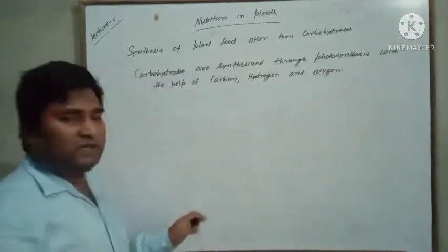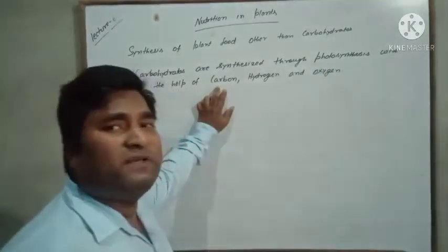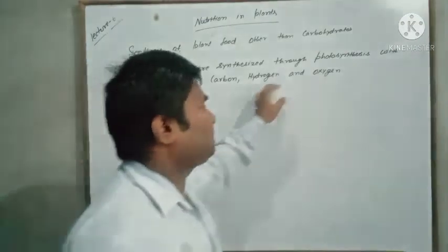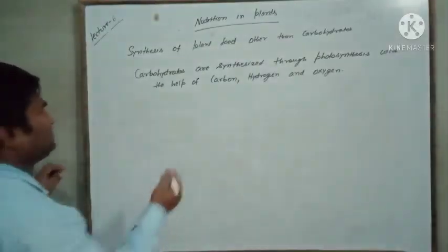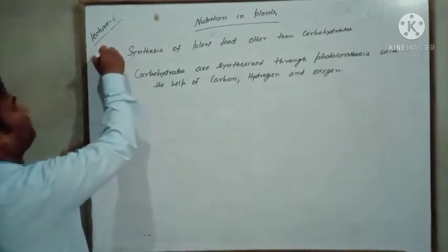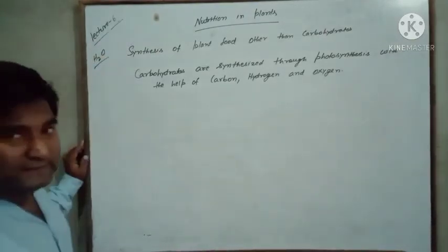So you know how plants get carbon, from CO2, and hydrogen and oxygen are supplied to the plant through water. Means you know now, water, H2O, hydrogen and oxygen.